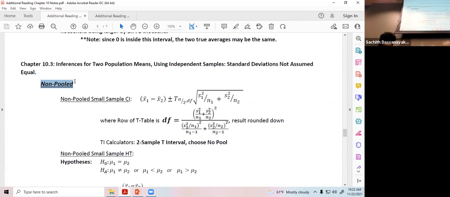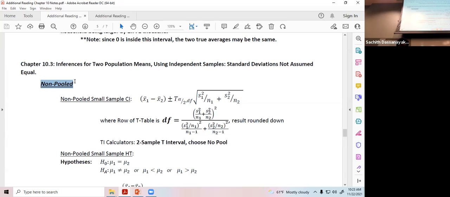So if you see these two keywords, pooled t-test or pooled test, or non-pooled t-test, non-pooled test, based on that you should be able to classify whether this is section 10.2 or section 10.3. Those are the keywords.